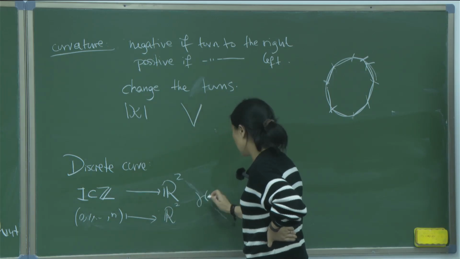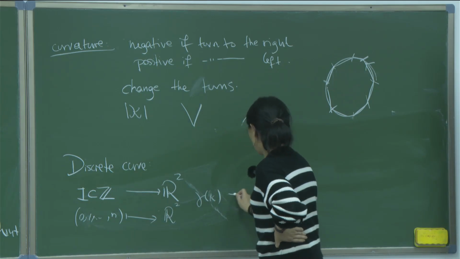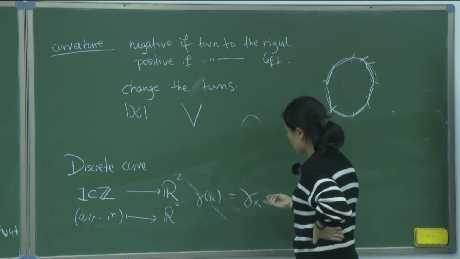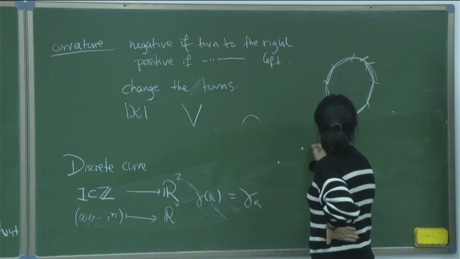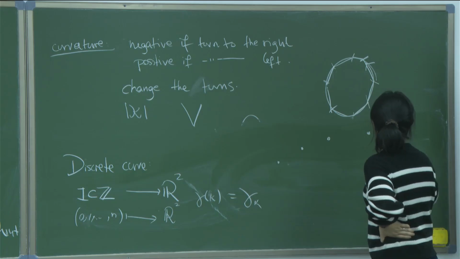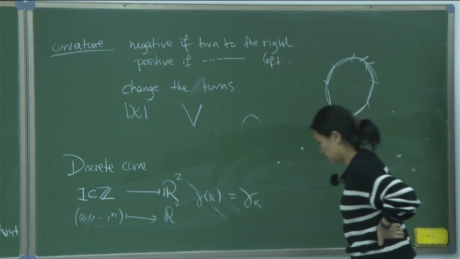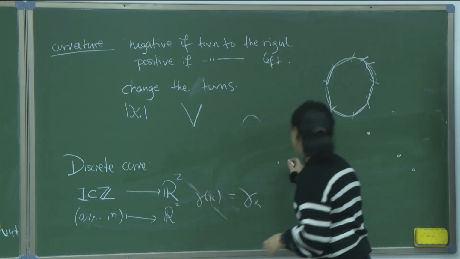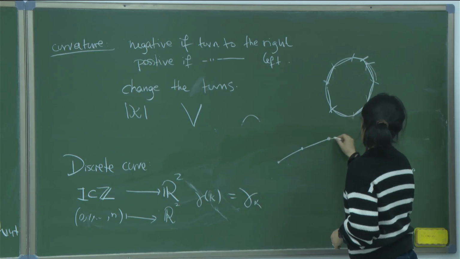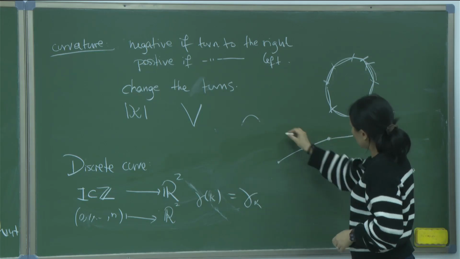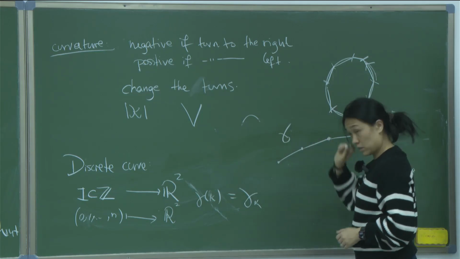Gamma of n. I call it gamma k, and these are k points. Like this. And we connect this thing with segments, that's my gamma.